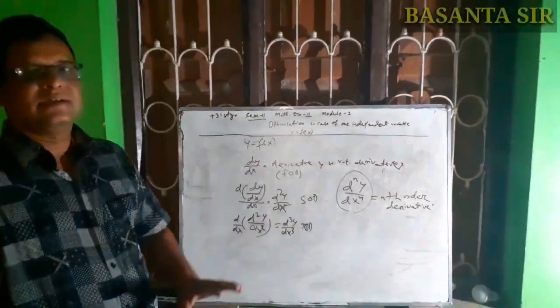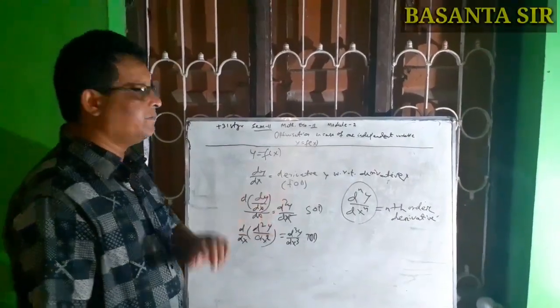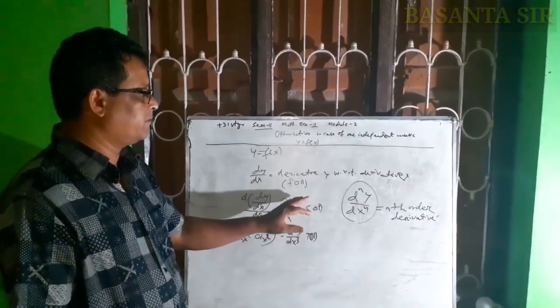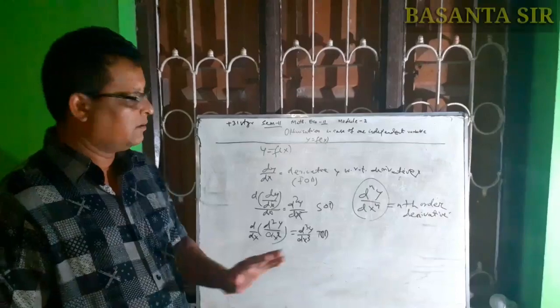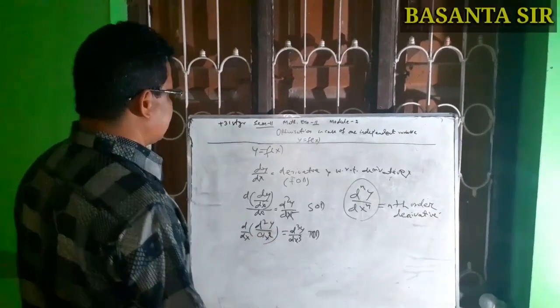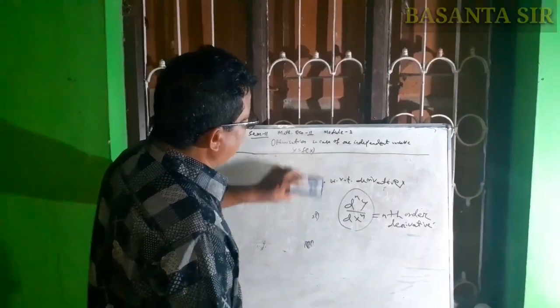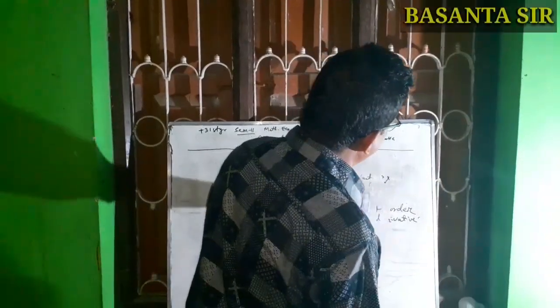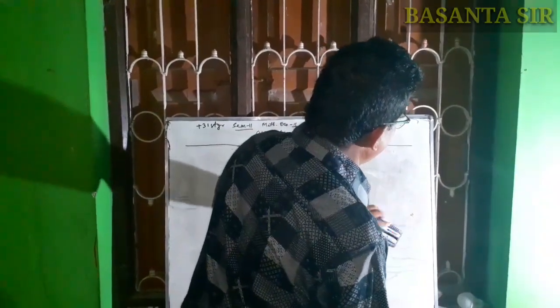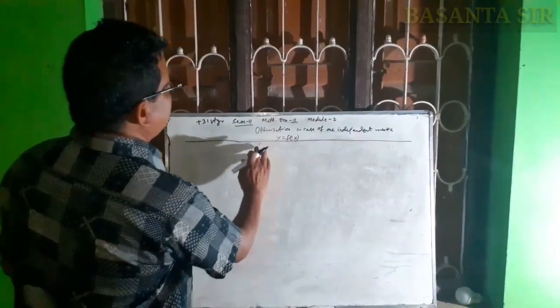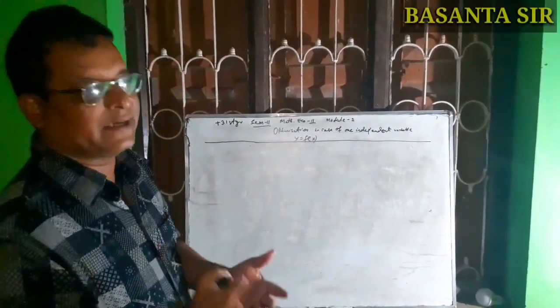We need the second order derivative and first order derivative for optimization. For example, we can take an example of a problem, solution for higher order derivatives.